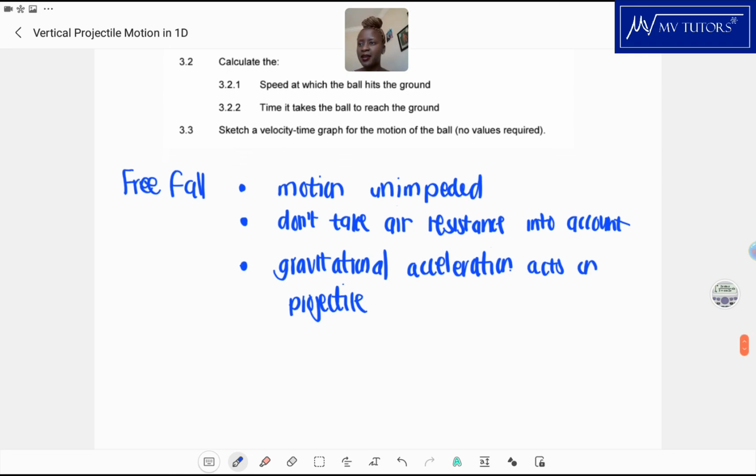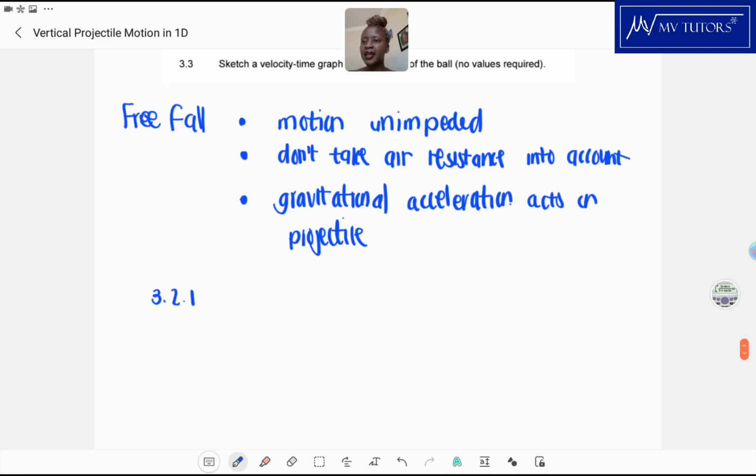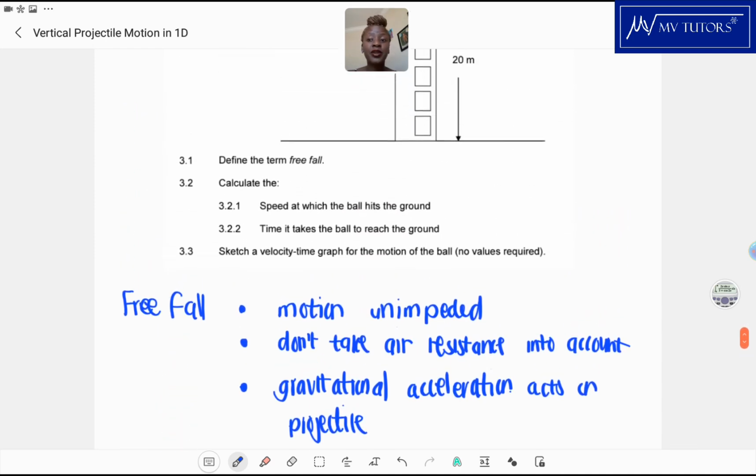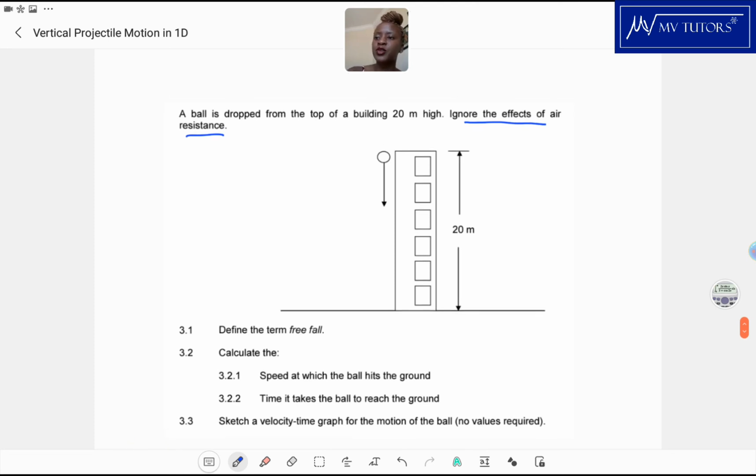Now let us calculate the speed at which the ball hits the ground. That is where we look at our equations of motion. So this ball was dropped. What are we taking as positive? I like taking downwards as positive.